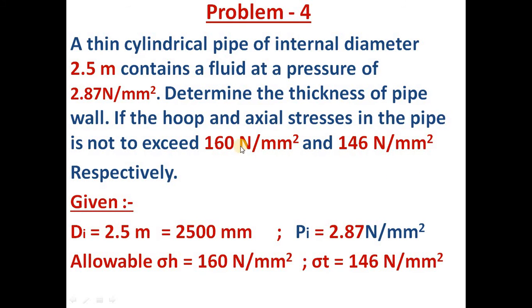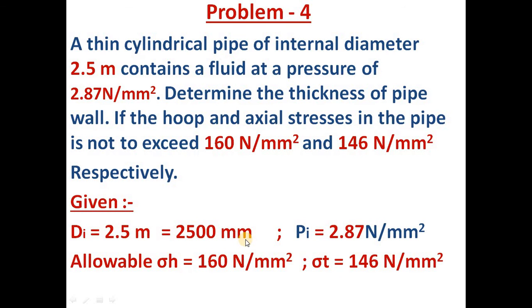Very simple one. Sigma H is given as 160 Newton per mm square. Sigma T is given as 146 Newton per mm square. Both are given. Then Di, the internal diameter of the thin cylinder, is given as 2.5 meter. That can be converted into millimeter as 2500 mm.